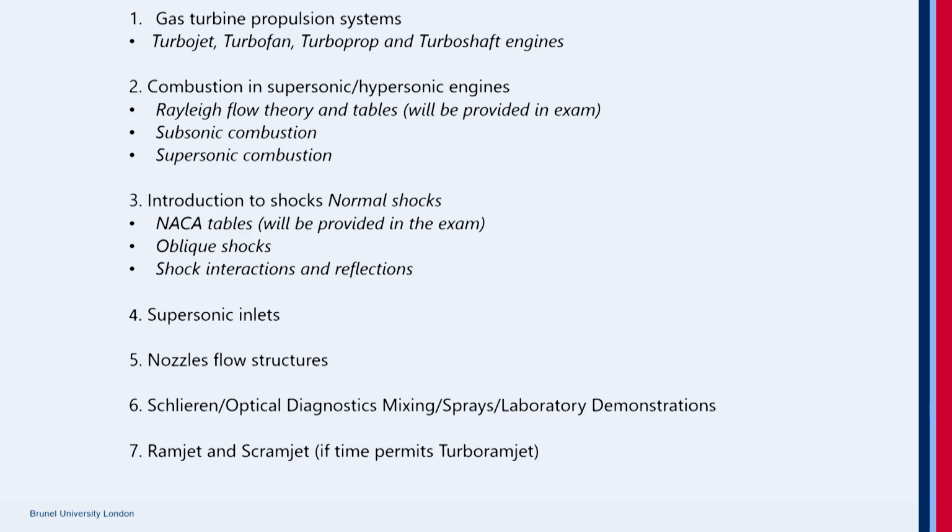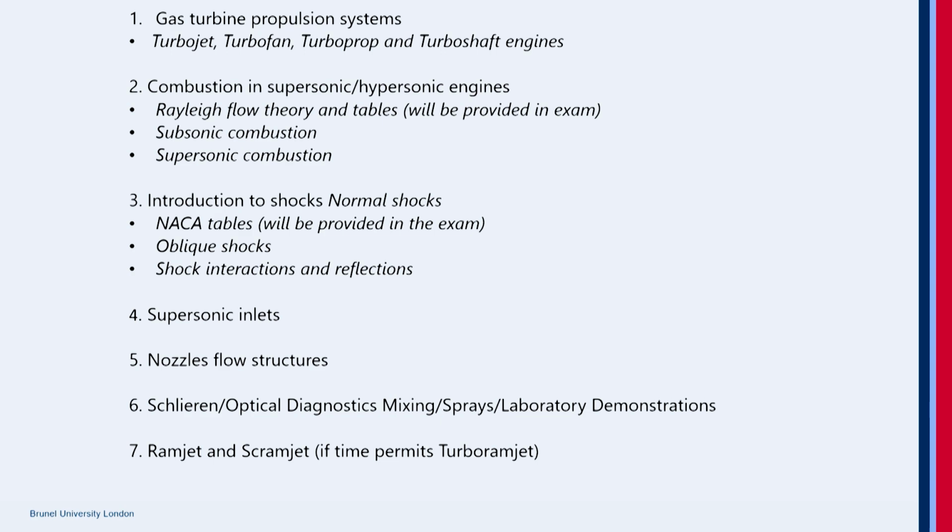And also we looked at the shock interactions and reflections, and then from there we went on to supersonic inlets, looked at convergent divergent inlets starting problem, and then normal shock inlets, external compression inlets, mixed compression inlets. And then we tried to work out few problems on external compression, mixed compression inlets. Then we looked into the nozzle flow structures, the possible scenarios.